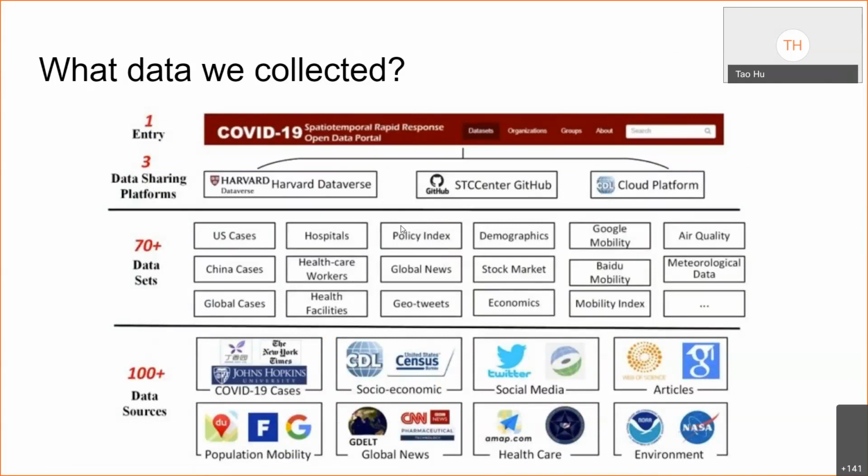So till now, we have connected over 100 data sources, and after we process, analyze, and integrate data sets, we have created over 70 data sets, including the confirmed cases, the healthcare workers data sets, and the global news data sets, some economics and human mobility data sets, and environment data sets, etc. And all these data sets are published on Harvard Dataverse or the GitHub. For some private data, they're only available on the cloud platform. And finally, we provide one data portal which can be used to access all the data sets.